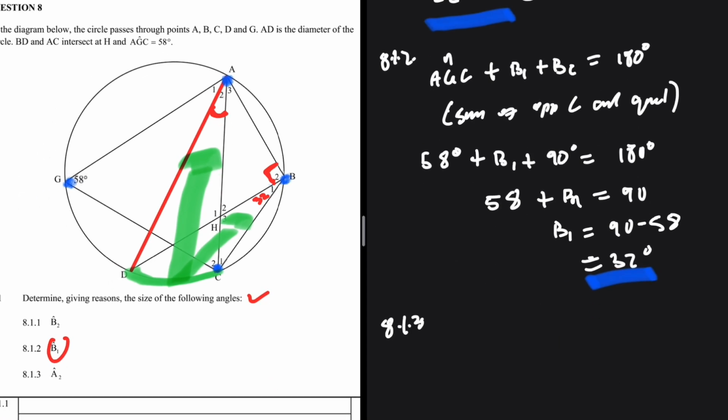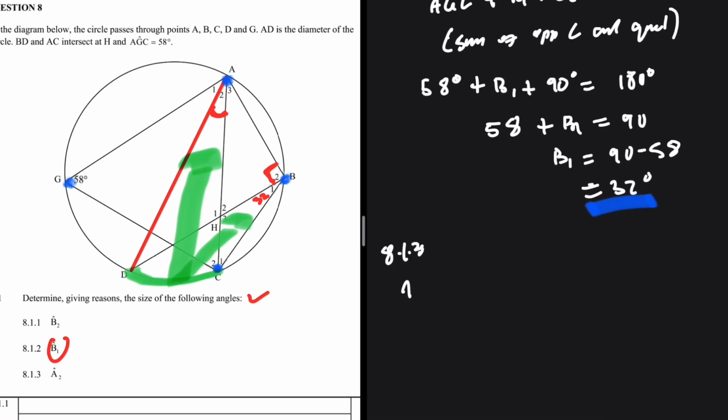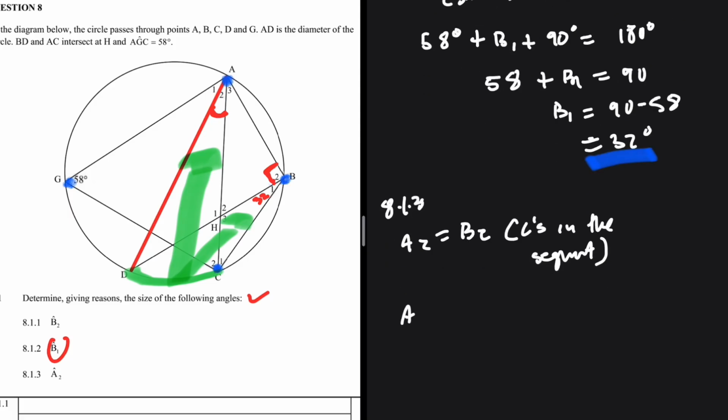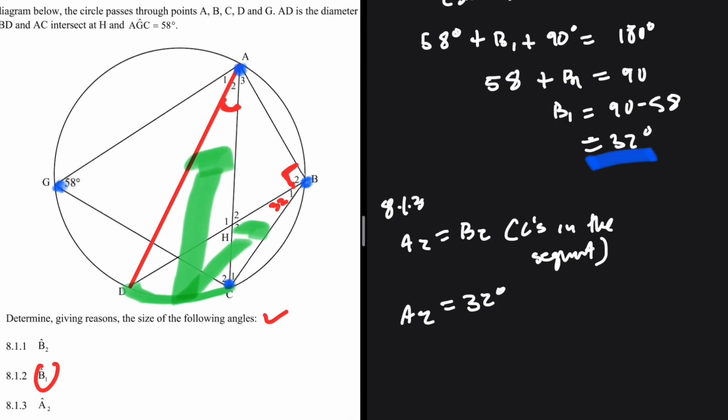So A2 and B1 should be close to each other. We can say that A2 is equal to B1, angles in the same segment. So A2 is also equal to 32 degrees. There we go. We can say that A2 is equal to B1 because of that.